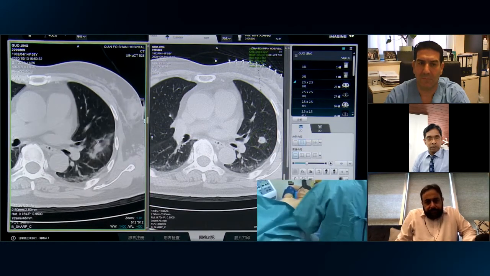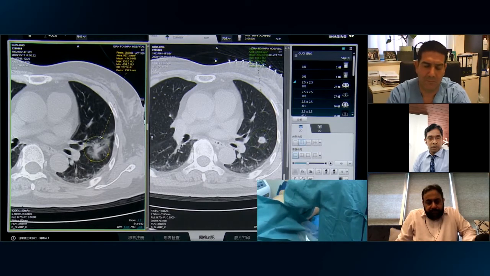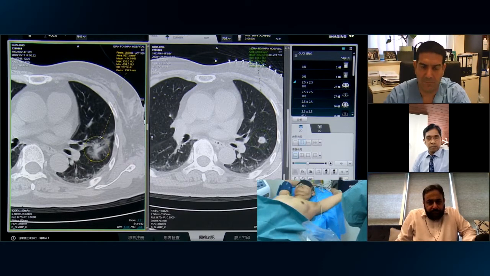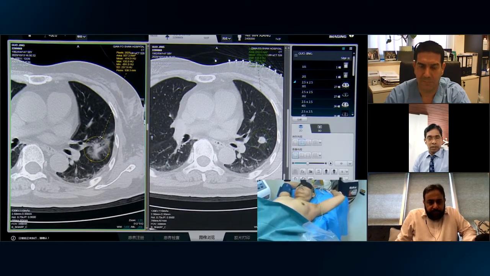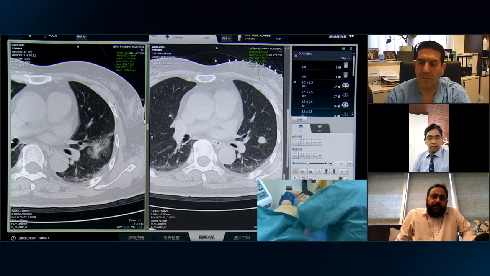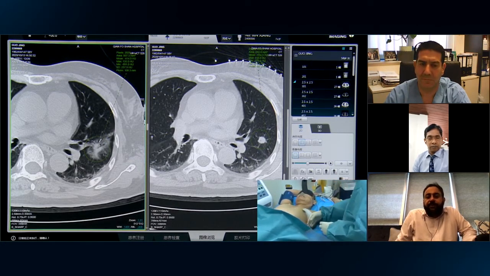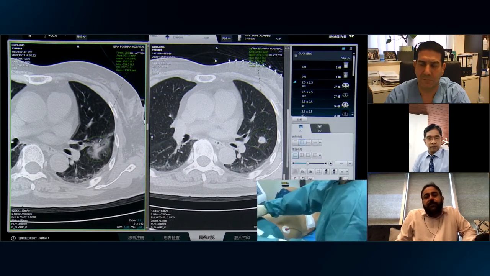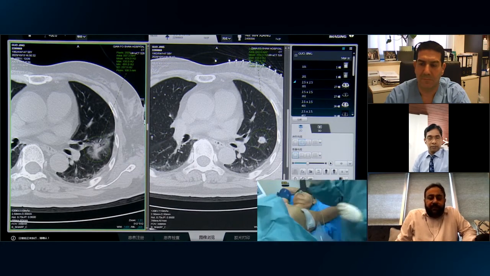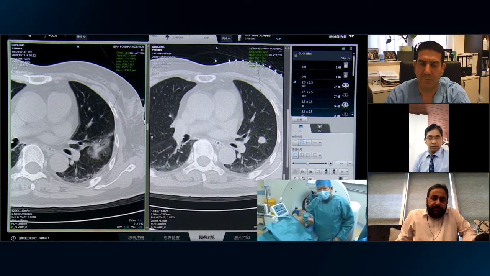I think Dr. Ni just mentioned the complications of the ablation here could be bleeding or pneumothorax. What about tumor seeding along the track? What's your experience of this possibility in your patients?